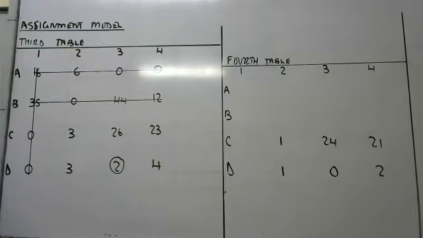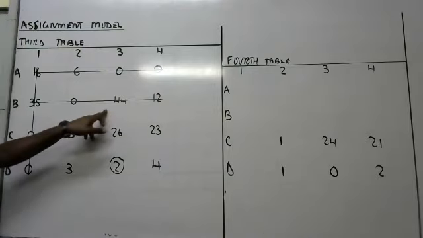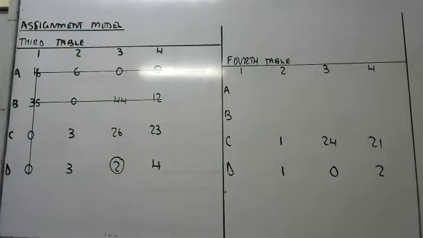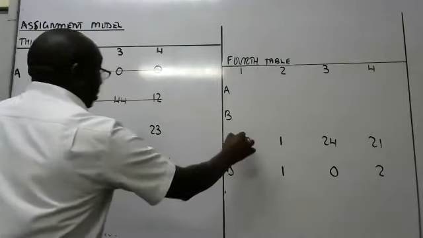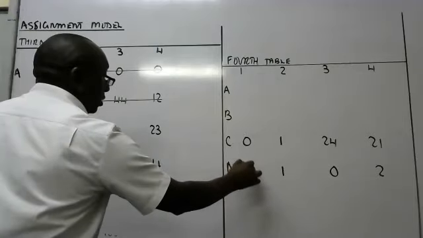The third thing is the values that are crossed over once. The values that are crossed over once, you retain them the way they are. So this 0 remains here. This one remains here.